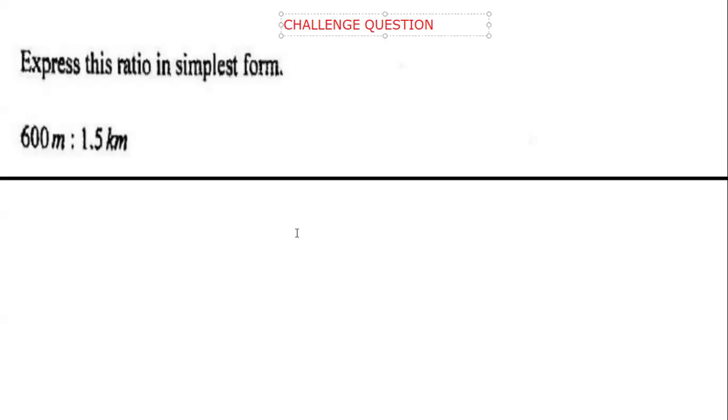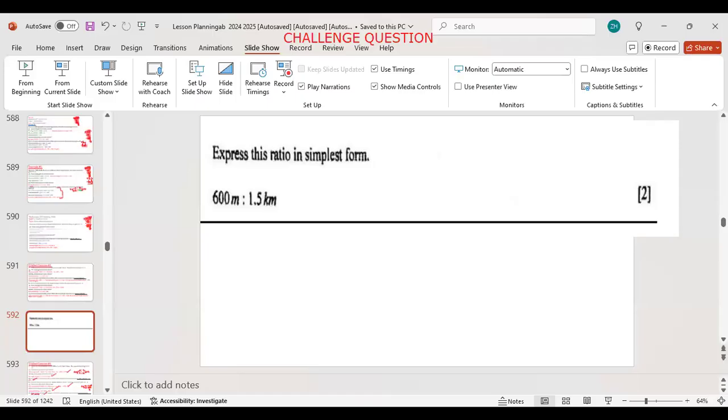Okay. All right, so let's go ahead and answer this. On 3, say your answer. 1, 2, 3. What did you get? 2 to 5. 2 to 5. 2 to 5. Okay. Well, let's see what the answer is for this one.